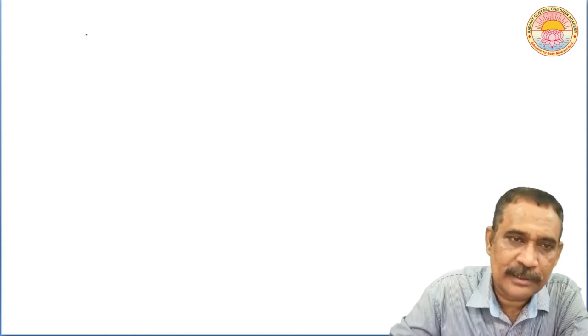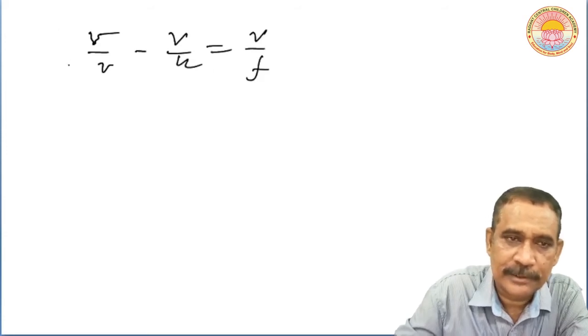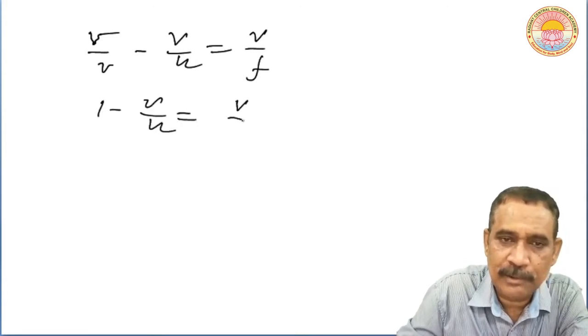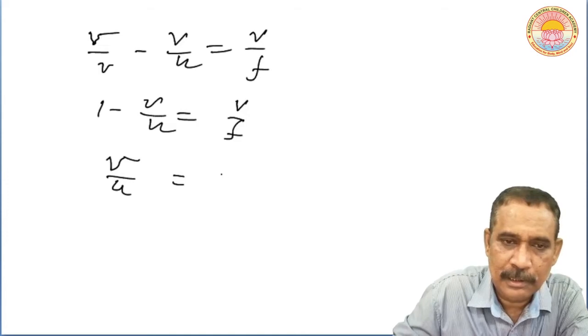So V upon V minus V upon U is equal to V upon F. This is 1 minus V upon U equal to V upon F. So V upon U equals 1 minus V upon F.